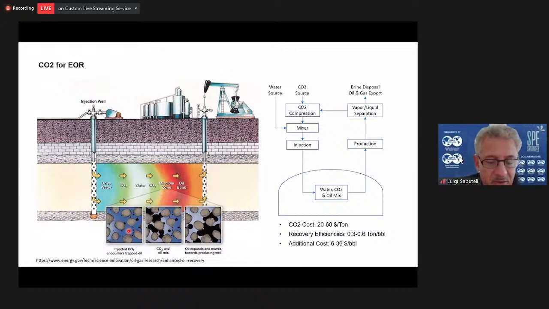By mixing oil and CO2, we make different processes happen around the oil, allowing it to coalesce, to swell, and to change certain properties that allow the oil droplets to get closer to each other and create a more favorable condition for moving, until the oil expands and moves towards the producing well. And of course, whatever we inject in the reservoir, everything will come back to the surface.